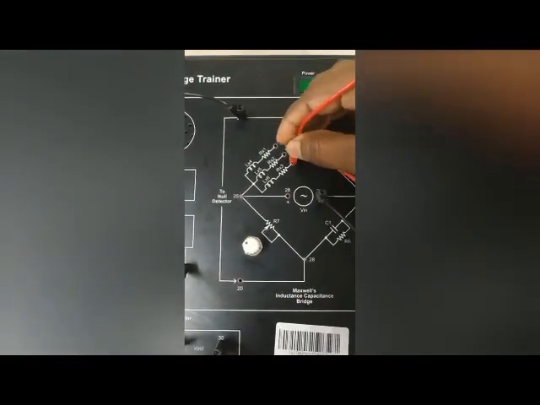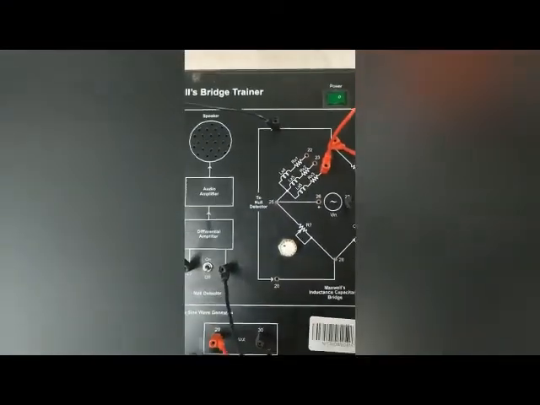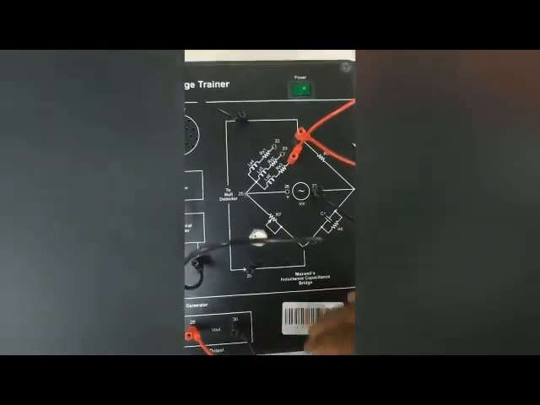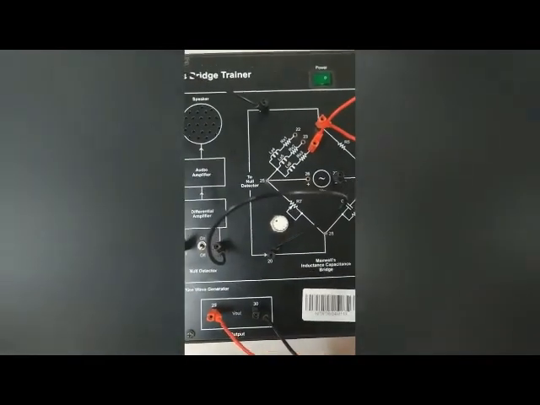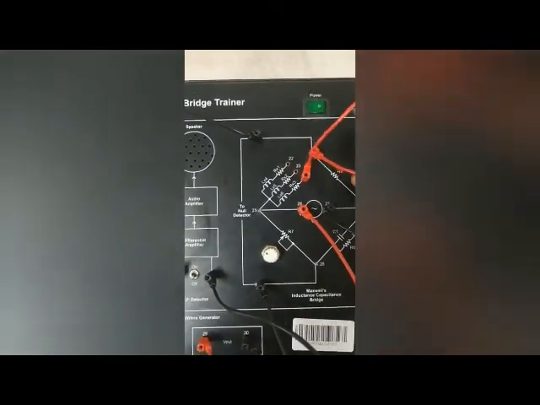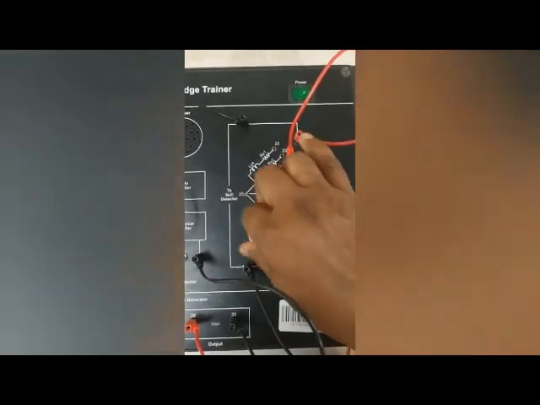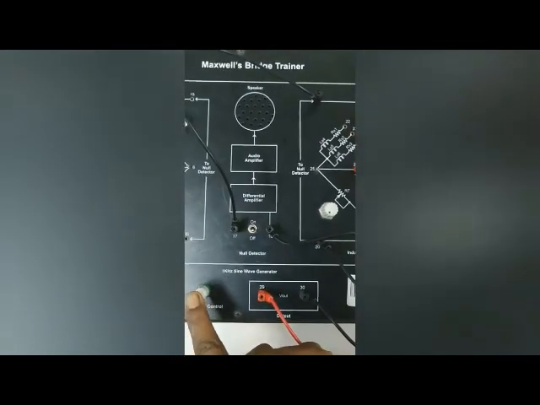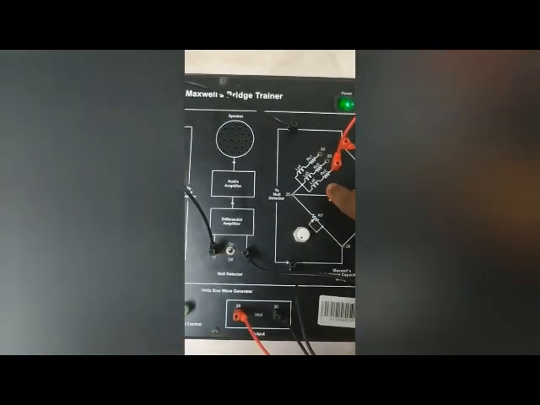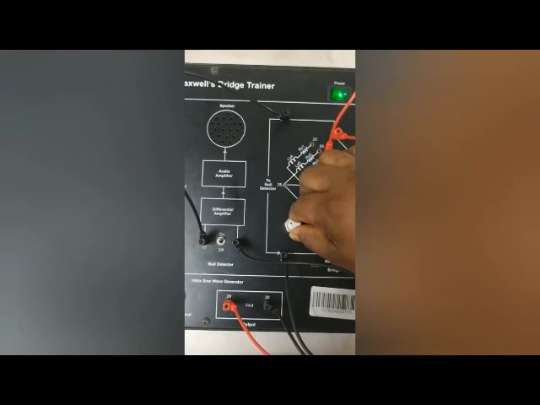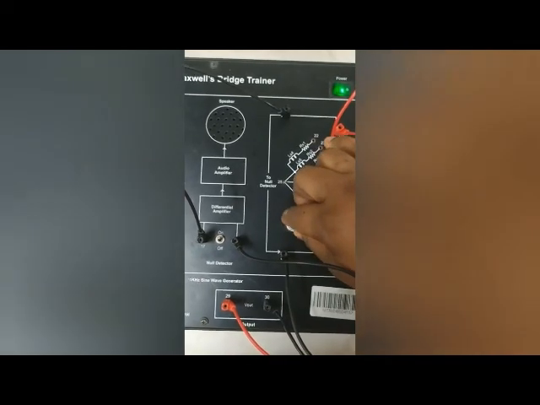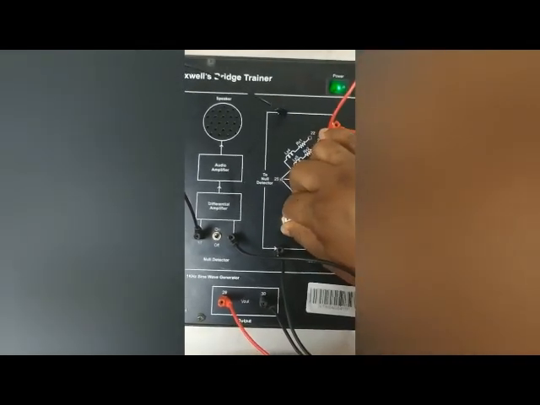So 21, 24, next 17 to 19, 18 to 20, and the same sine wave generator connect to 26, 29, and this one 27 to 30, and next this potentiometer must be in minimum position, amplitude control in maximum position, then switch on the power supply and switch on the null detector and rotate the potentiometer very precisely where the noise is minimum. That was the balance condition of this bridge.